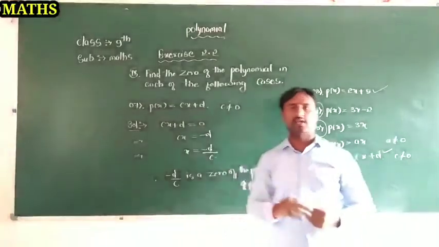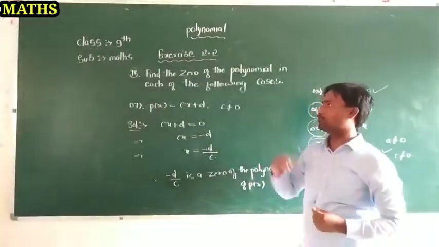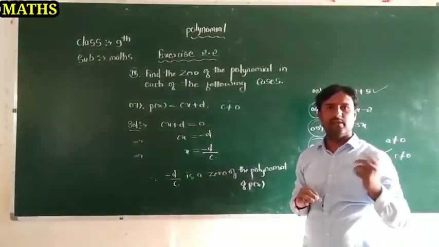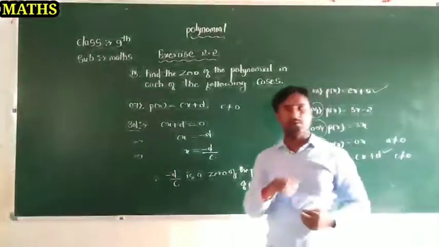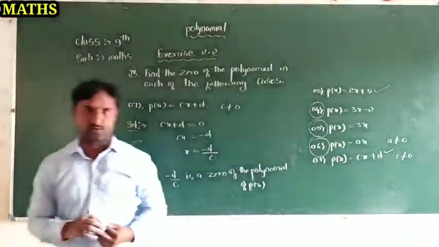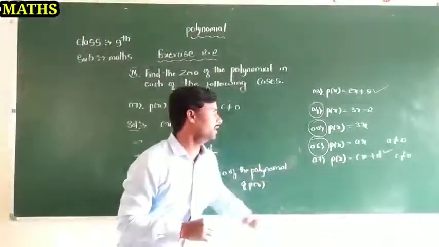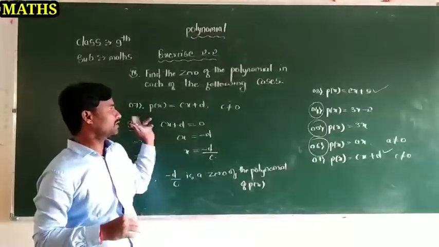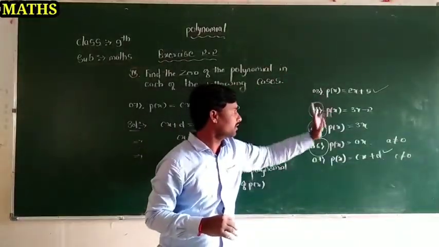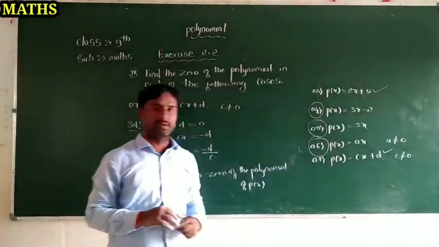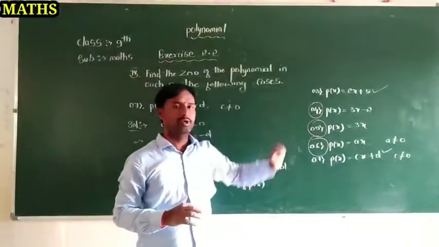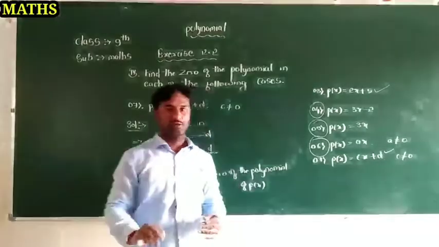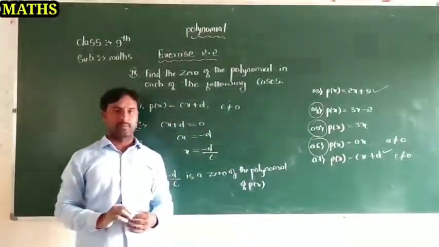So the remaining questions are given for homework. If you are not getting the solution, you can inform me and I will clarify your doubt, dear students. The fourth part has 7 questions; I explained the first, third and 7th questions. So the remaining questions you should do as homework, dear students. Okay, let us go to the next topic.